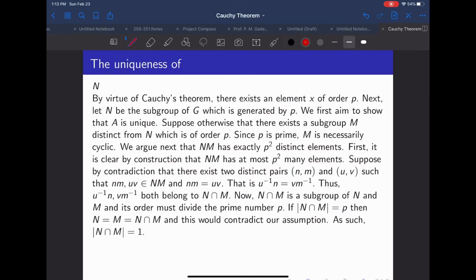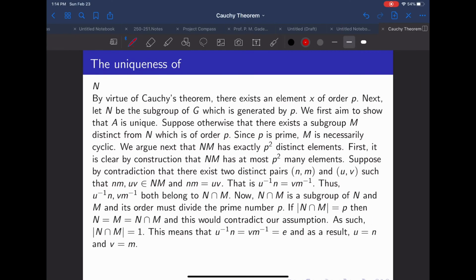Okay, so since the order of N intersect M is not p, then the order of N intersect M must be 1.